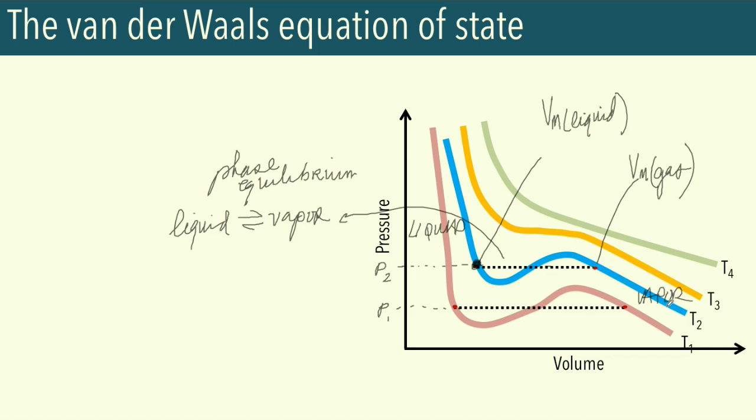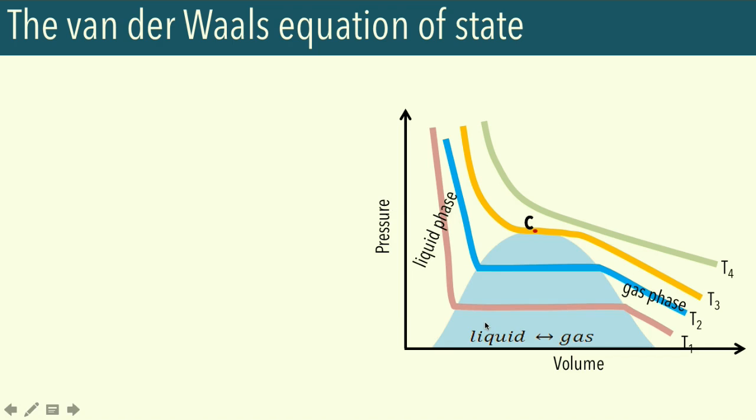However, if you're in the vapor phase, note that the slope is not that steep. If you're increasing the pressure, you see a larger change in volume because gases are more compressible than liquids.